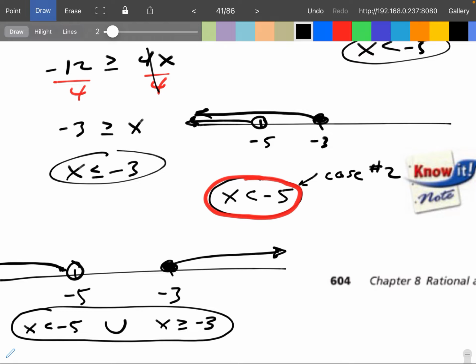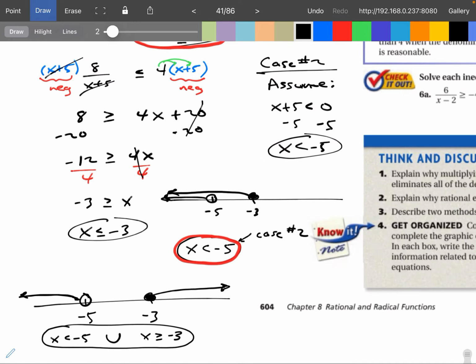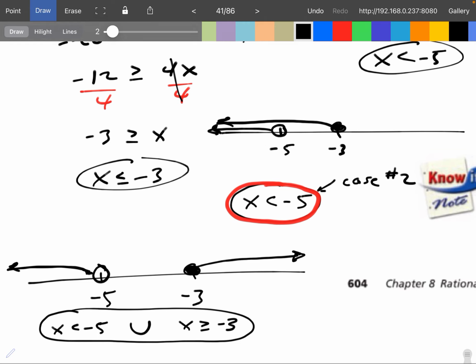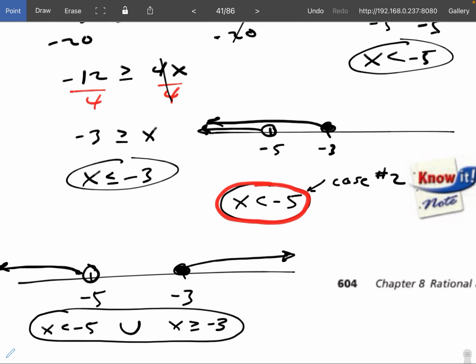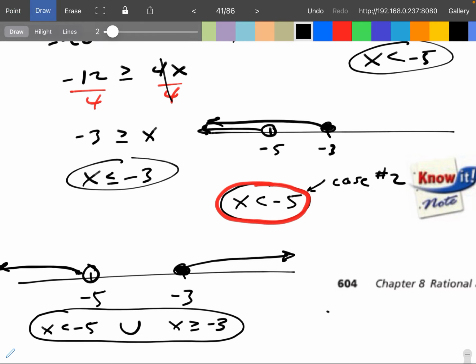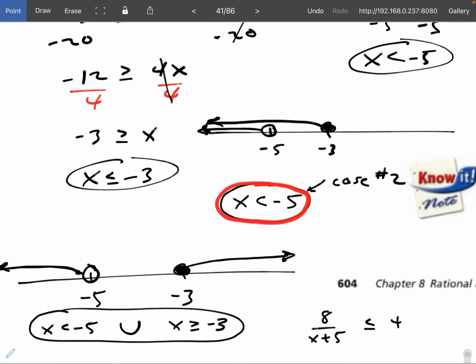Now, just real quick, we know our solution. Let's see if it actually works. I'm going to put my original problem back on here real quick. So my original problem was 8 over x plus 5 less than or equal to 4.